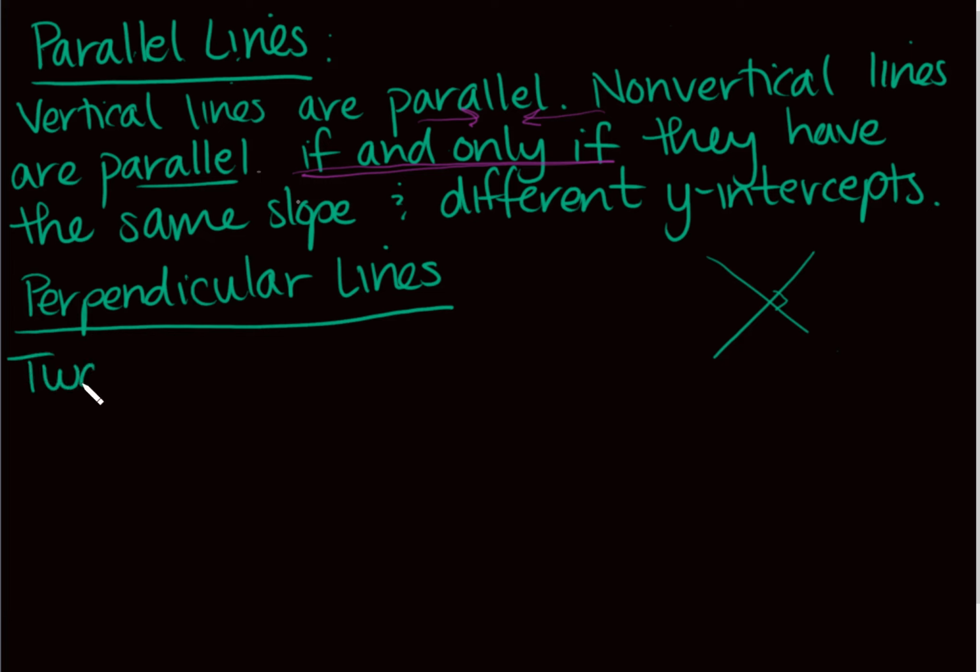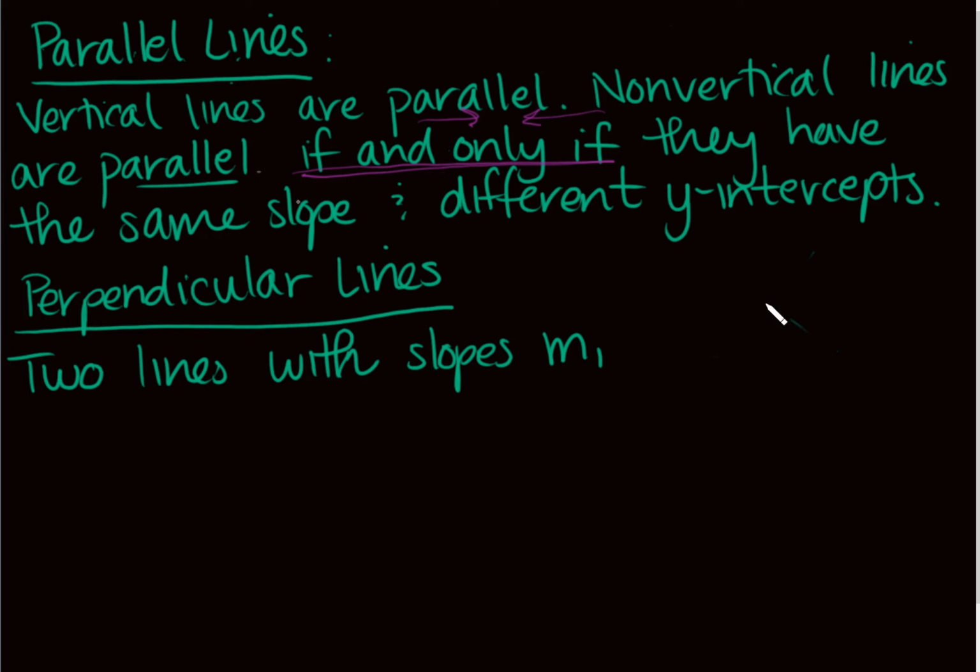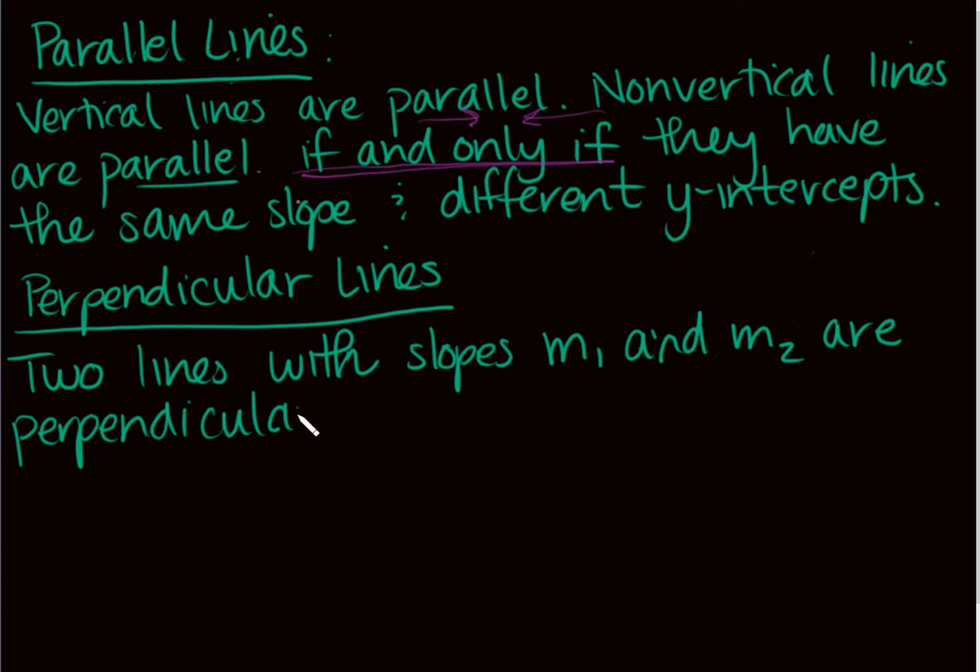So we'll talk about it. Two lines with slopes. Let's define their slopes, let's just call them m1 and m2. Let me get rid of that guy right there. They are perpendicular if and only if, and now I'm going to be really lazy here.